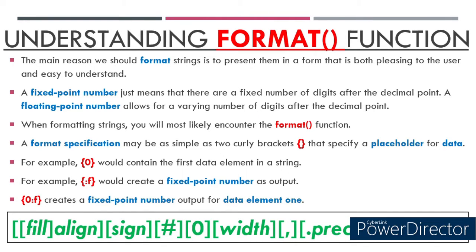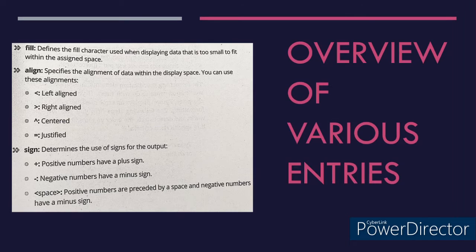If you want to learn more about formatting specifications, then go to the Python documentation. You can find the link down below. The documentation provides you with in-depth details, but here is an overview of what the various entries mean.